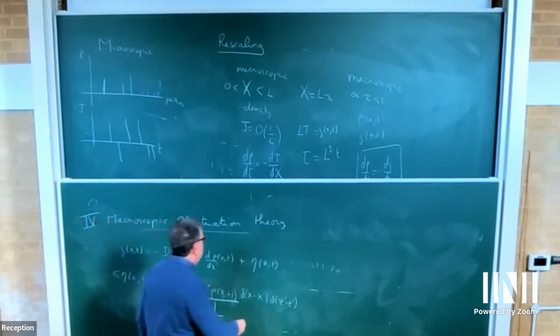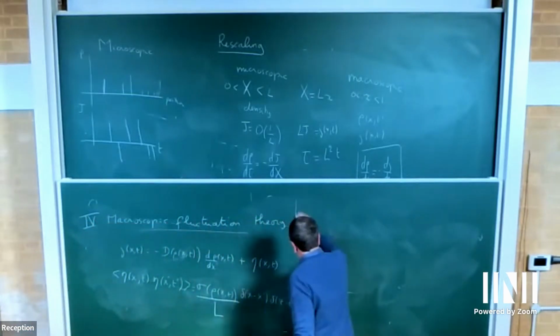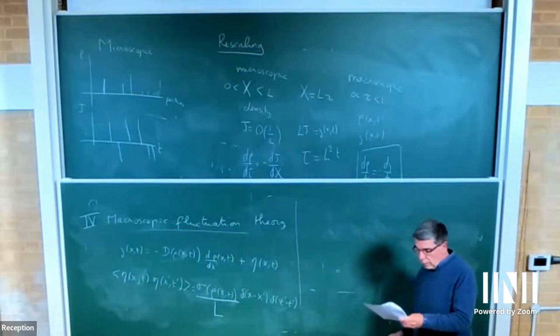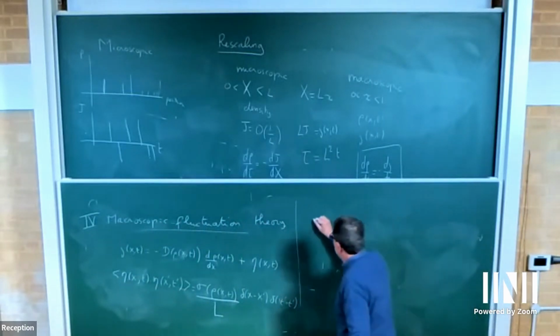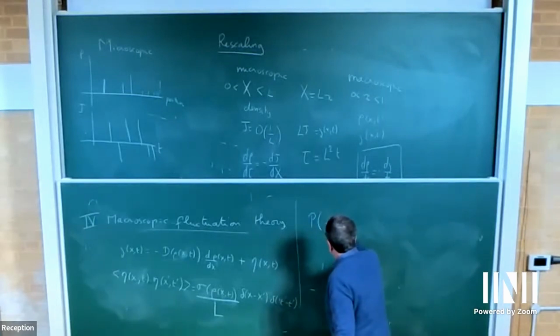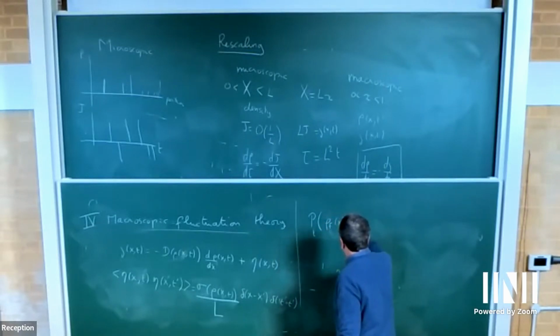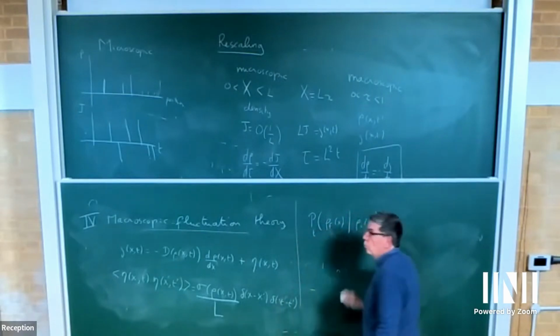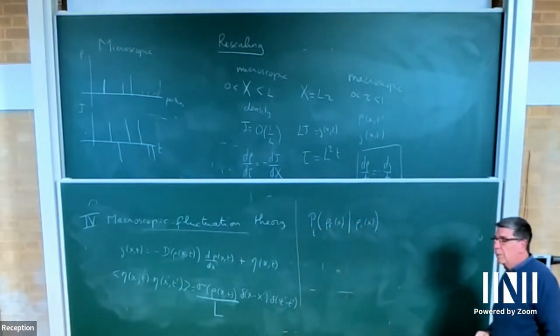Now, the macroscopic fluctuation theory, from a physicist's point of view, just says the same thing. It says, what is the probability of going, during a finite time t, from the initial profile at time 0 to the final profile at time t?